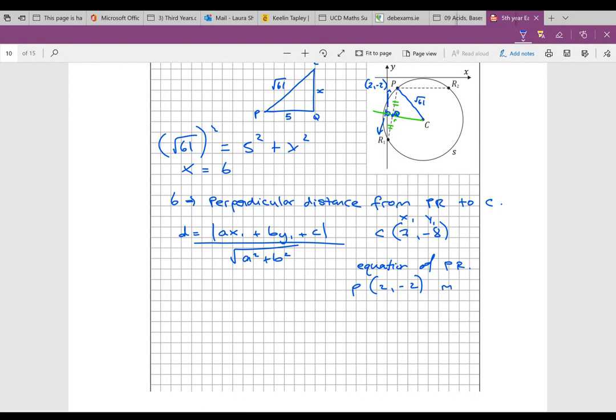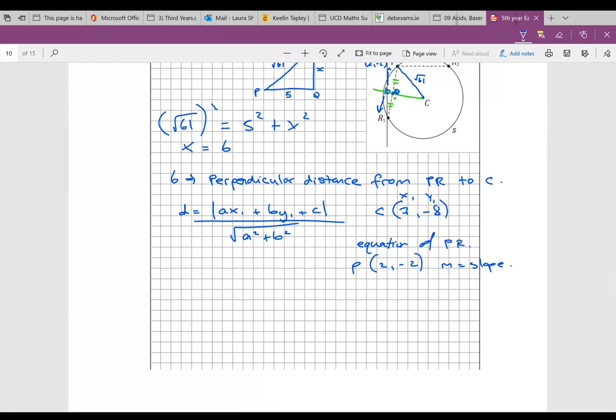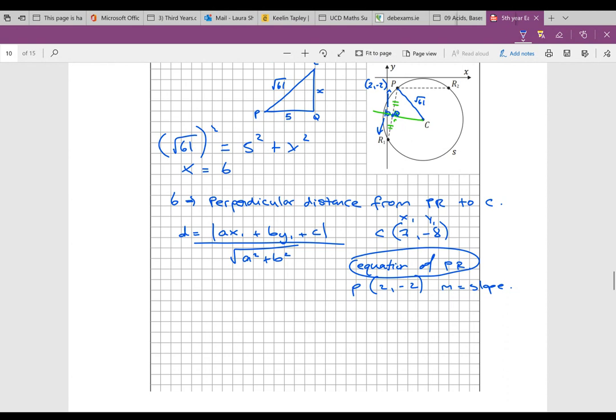Let's just call the slope m, because at this point I don't know what the slope is. It could be this line, or it could be this line. They both have (2, -2) as a common point, and the only difference is the slope. To represent the equation, y minus y1 is equal to m times (x minus x1).